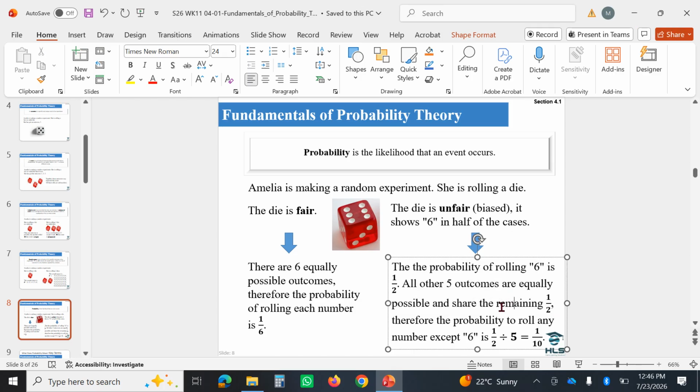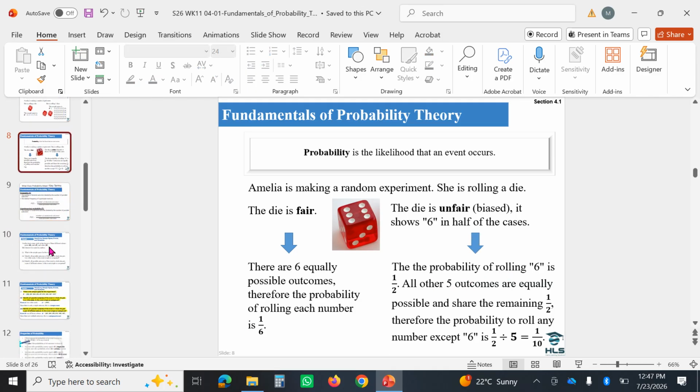Therefore, the probability to roll any number except a 6 is a half divided by 5, right, times 5 over 1, invert and multiply, right, you have 1/10. So there's a 10% chance of hitting one of those, 1, 2, 3, 4, 5, as opposed to a 50% chance of hitting 6. Okay, moving on.